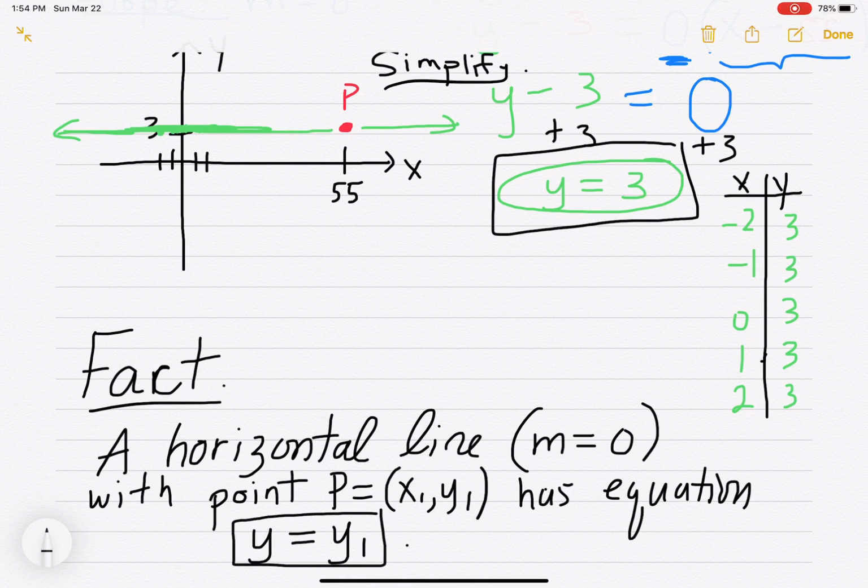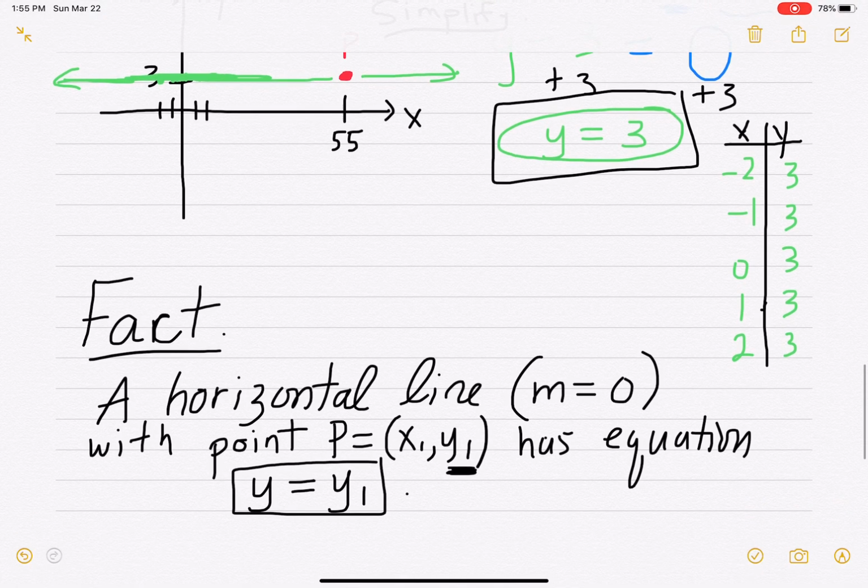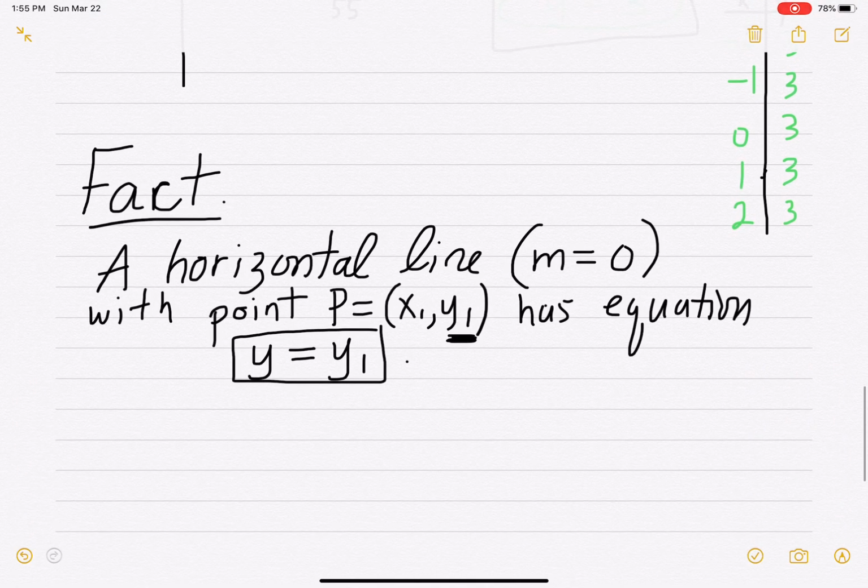So you can remember that. If you've got a horizontal line, that means you've got a slope of 0, and you've got a point, then the equation of that line is y equals the y-coordinate of the point it passes through.